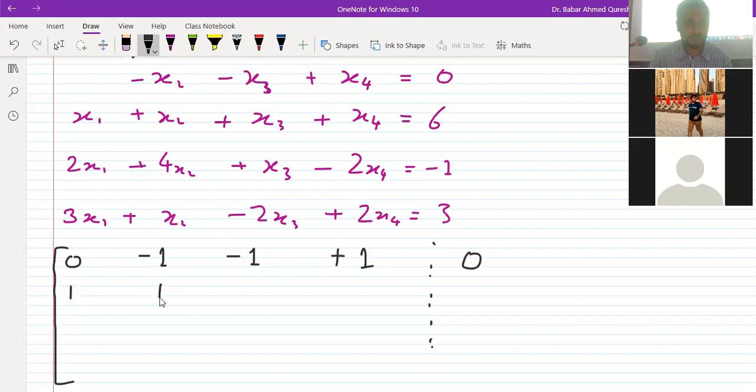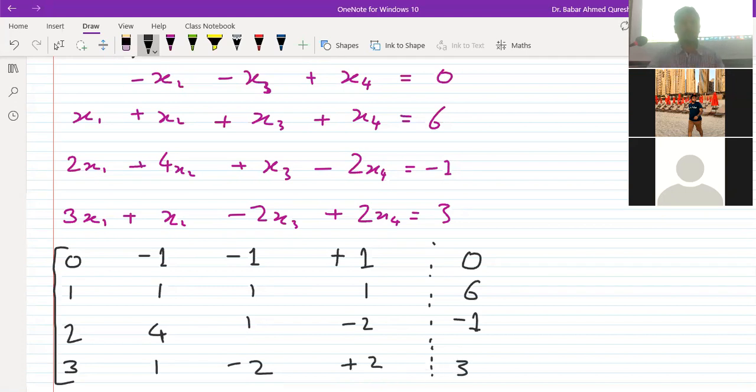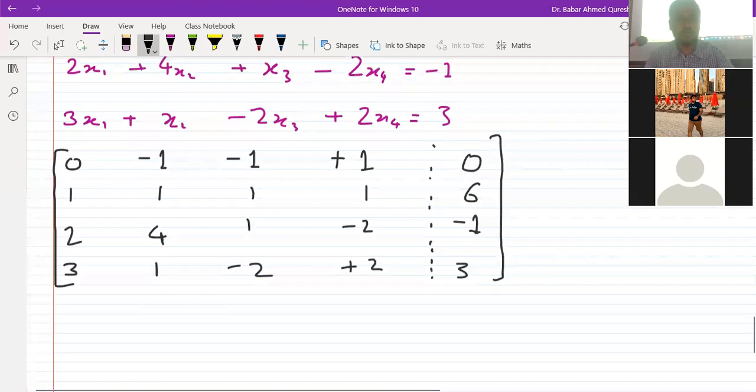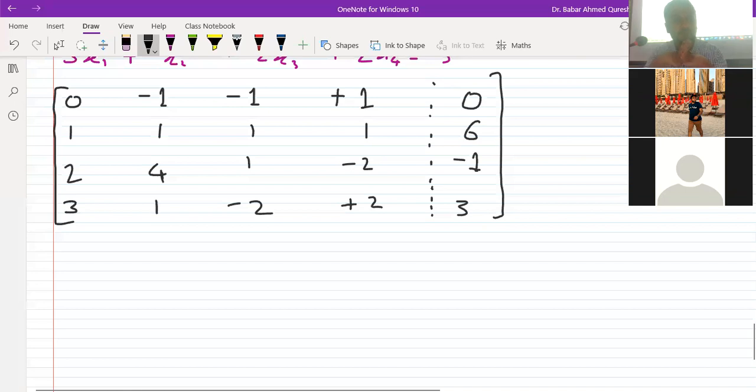And then you have 1, 1, 1, 1, 6, 2, 4, 1, -2, -1, and 3, 1, -2, +2, and 3. So that's your matrix, and you want to bring it to the strictly triangular form by doing the row operations.